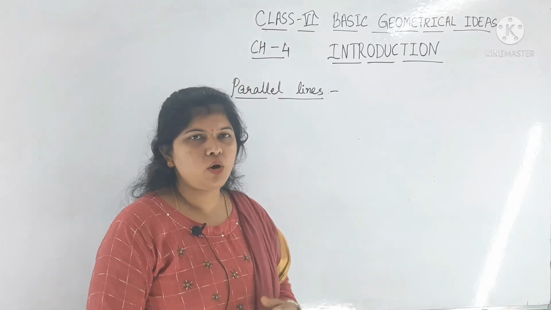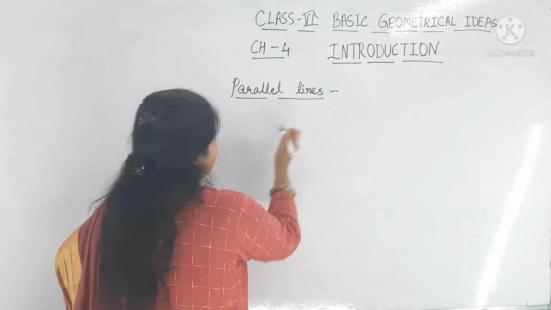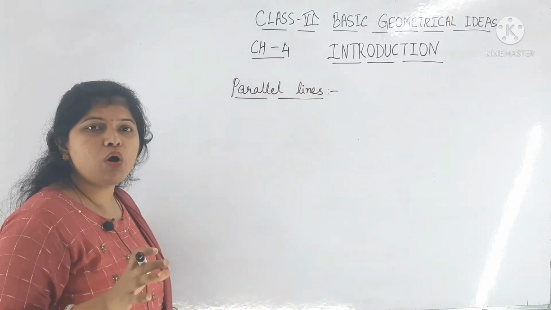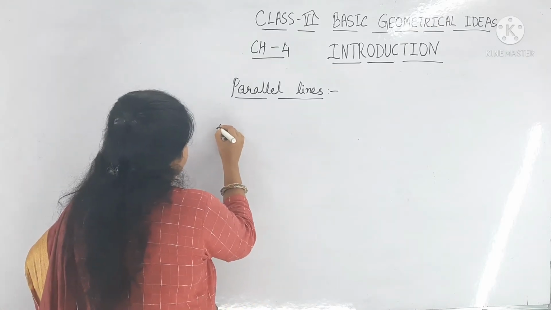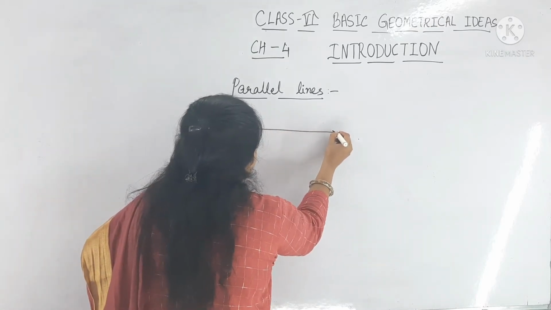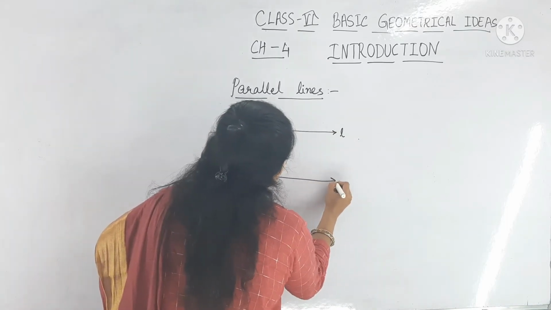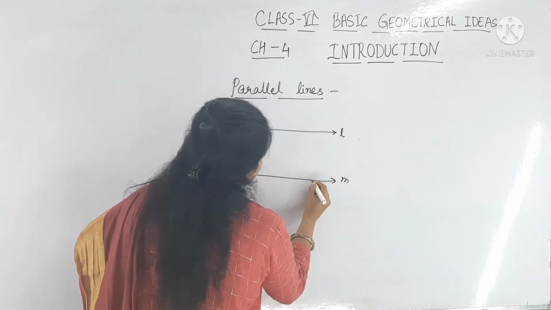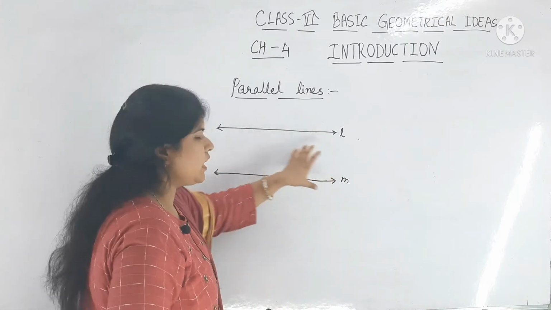Okay students, next topic is parallel lines. Okay, so what are parallel lines? Here also it is lines, so you have to draw only the lines, not the line segment. Okay, so parallel lines are like this. This is one line L and this is another line M. So you can see they go parallel with equal distance.